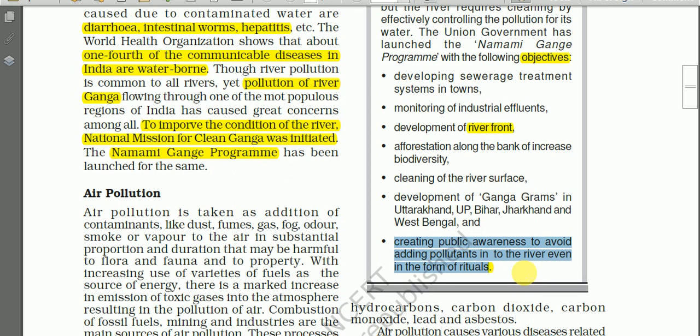Even in the form of religious activity, the addition of pollutants must be checked. So these are the main objectives of the Namami Gange program. It was asked in the 2019 exam.